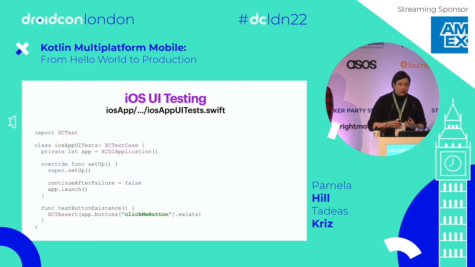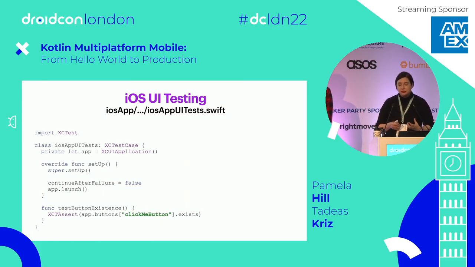Something to note is that iOS actually works by convention. You have to prefix your test cases with the word test in your function name. Your function name has to start with test for it to recognize that this is actually a test function, whereas on Android, you have to annotate with @Test. Something that's similar on Android is the use of semantics, especially in Jetpack Compose.